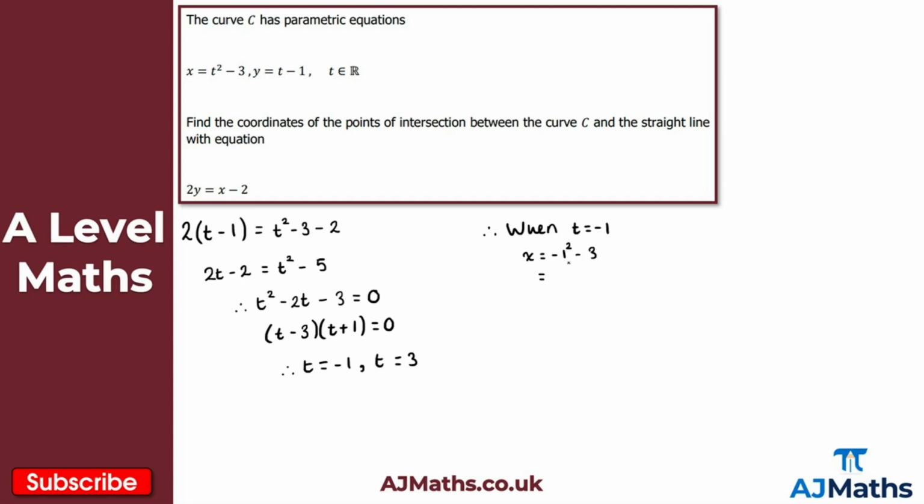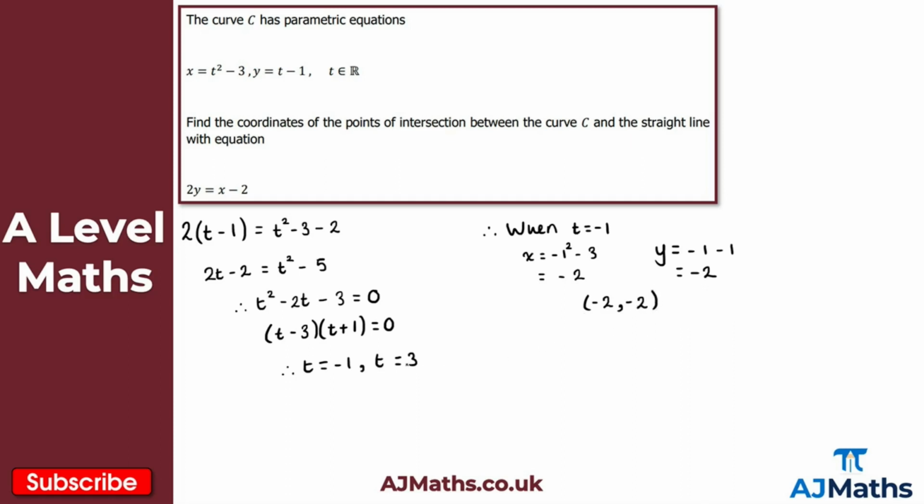So minus 1 squared, that would be 1, minus 3, so that would be minus 2. And now if we find the y coordinate here, then y is equal to t minus 1. So it would be minus 1 minus 1, and in that case we're going to get minus 2 as well. When t is equal to minus 1, the coordinates of the point of intersection, that would be minus 2, minus 2.